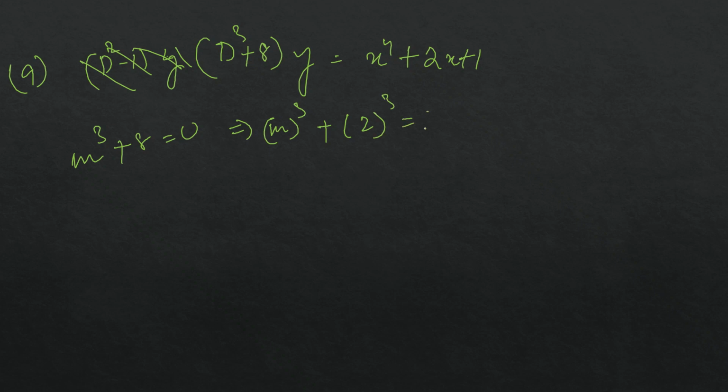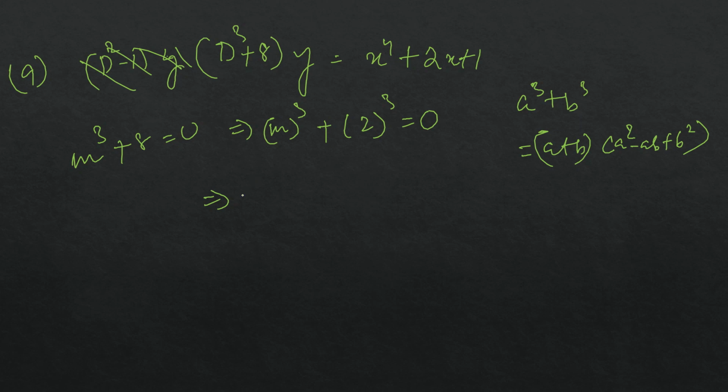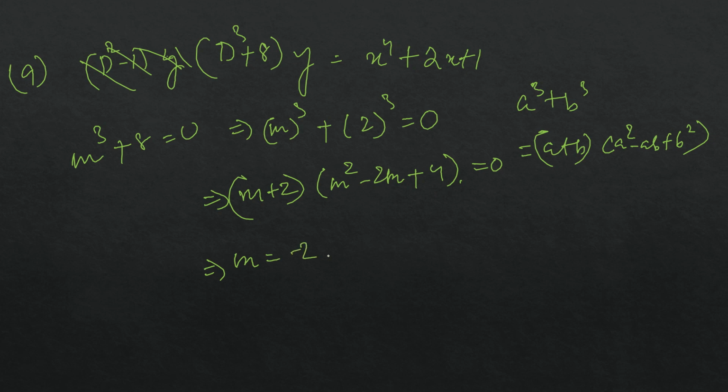m cube plus 8 is equal to 0. So a cube plus b cube will be (a plus b) whole into (a square minus ab plus b square). So (m plus 2)(m square minus 2m plus 4) is equal to 0. So m is equal to minus 2.